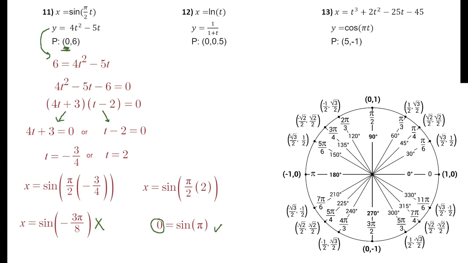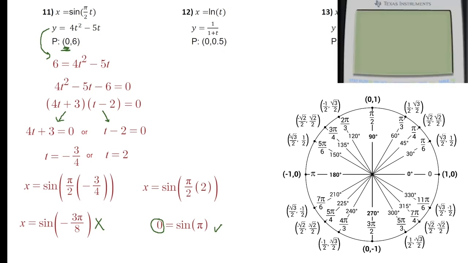Just for fun, let's pull up the calculator and figure out what the sine of negative 3 pi over 8 is. If I had to guess, it's in between negative root 3 over 2 and negative 1, so I'm going to go with negative 0.8, something like that. But let's find out. I'm in radians, so that's good. We've got sine of negative 3 pi over 8. So if I'm going to ballpark, negative 0.8.